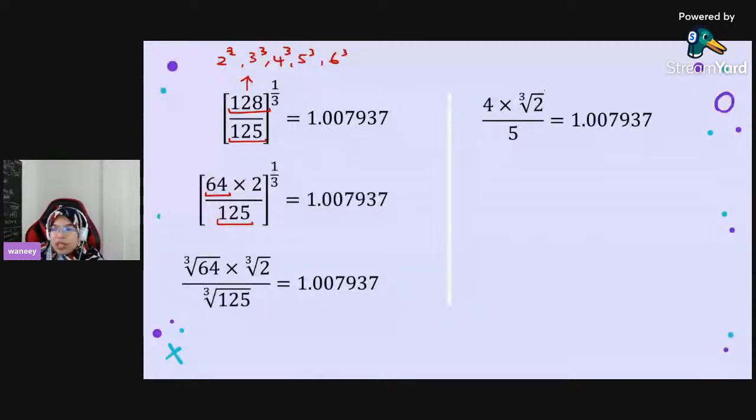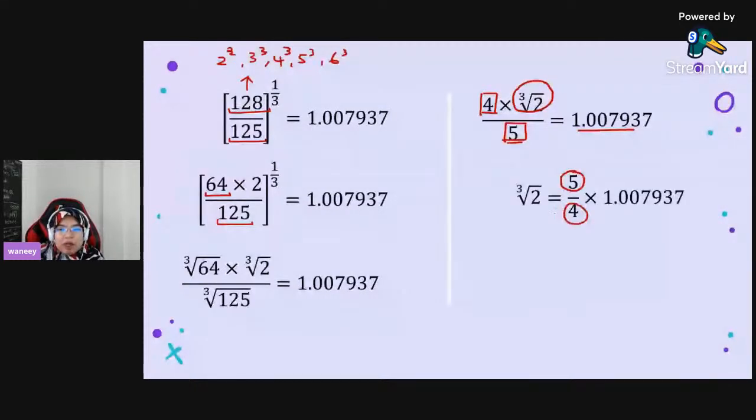Then I want to make sure I have cube root of 2 as my subject. Therefore, I should multiply by 5 and then divide by 4. So the right hand side will be times 5 and divided by 4, and then I will have cube root of 2 as the subject.